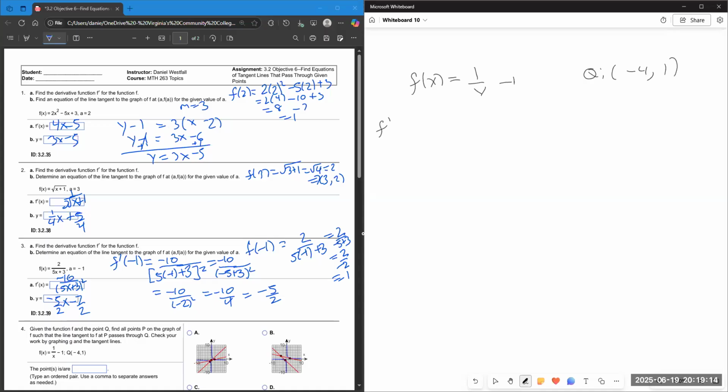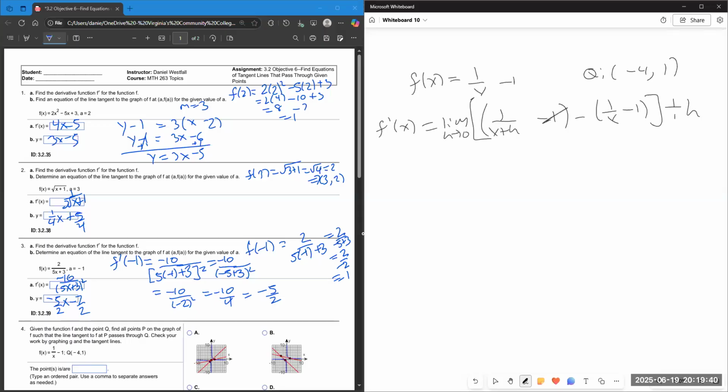So I need to find f prime of x, which is the limit as h goes to 0 of 1 over x plus h minus 1, minus 1 over x minus 1, and then that gets divided by h.